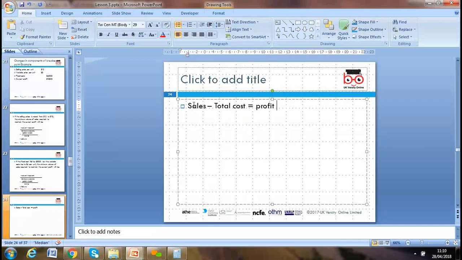I can assume S minus T equals P. You're not looking at mathematical terms. It is simply asking what the formula or equation is: S minus T equals P.